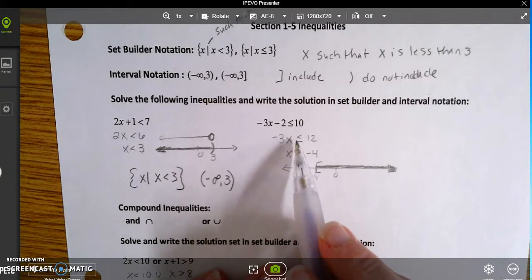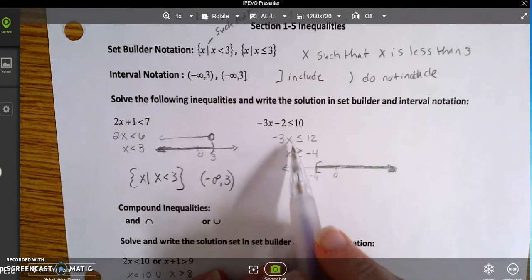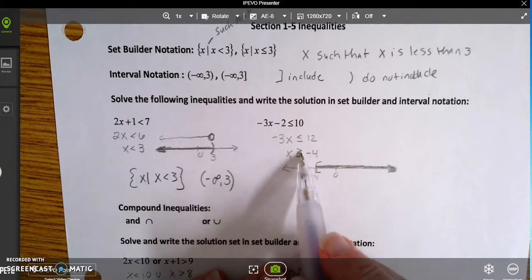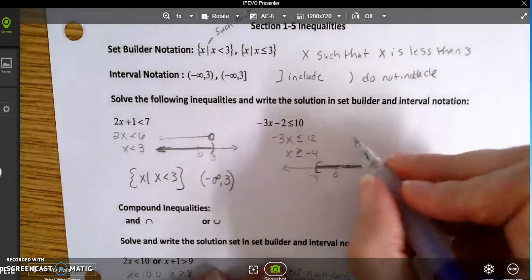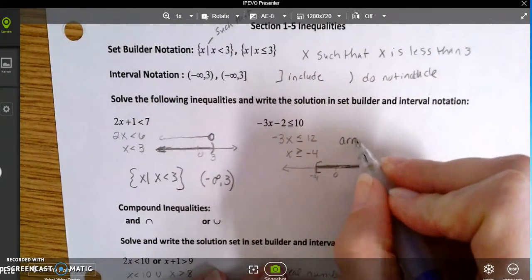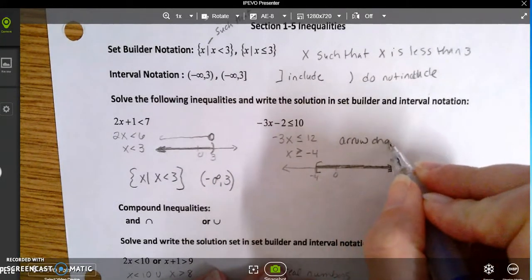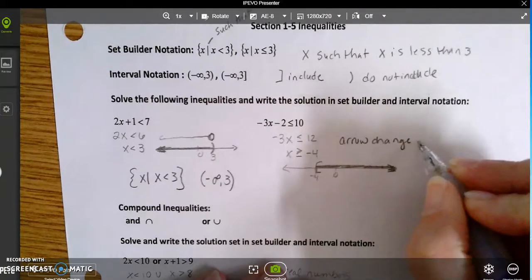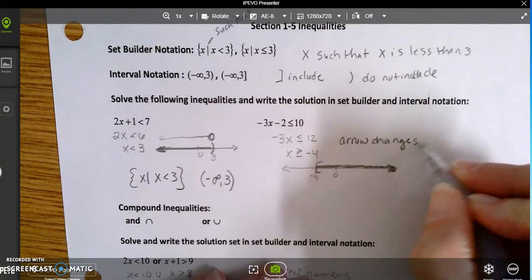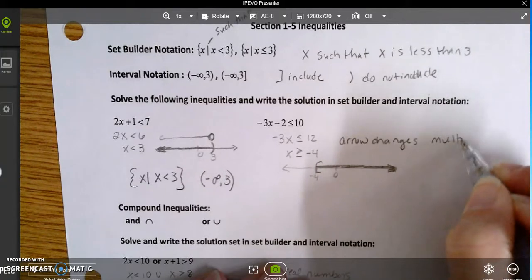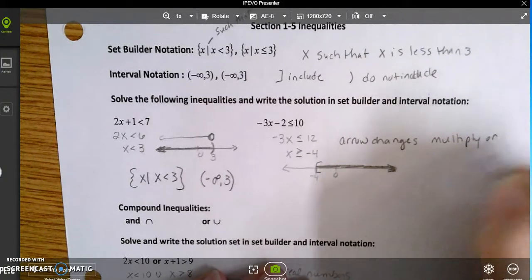But remember, when you multiply or divide an inequality by negative, the direction of the arrow changes. So arrow changes again when you multiply or divide by negative.